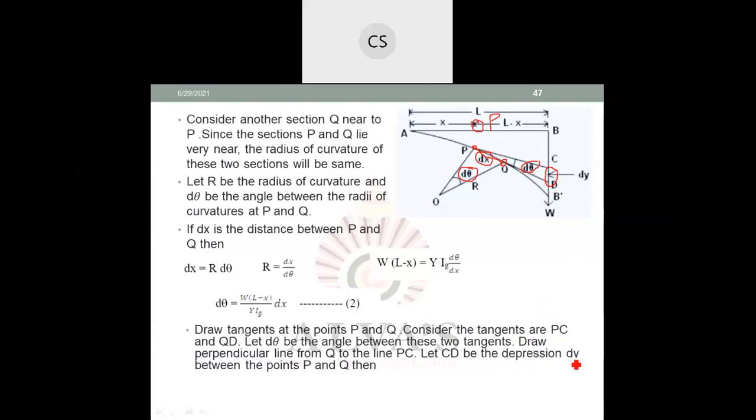Let us call it dy, the small depression between points P and Q. So this is the segment we have considered.